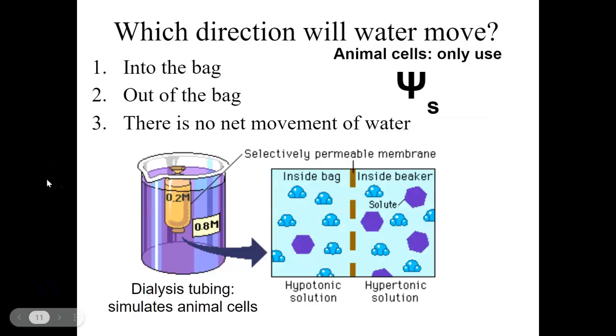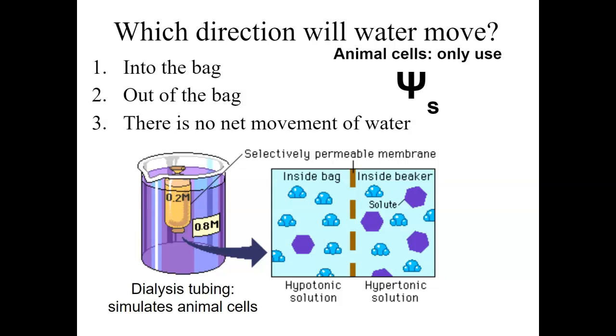This is very similar to a lab that we did in BioH, where we used dialysis tubing, and we put a solution inside the tubing, and then we put it in a beaker in a different solution. And so we were able to compare the concentration of solute both in and out of the fake cell.